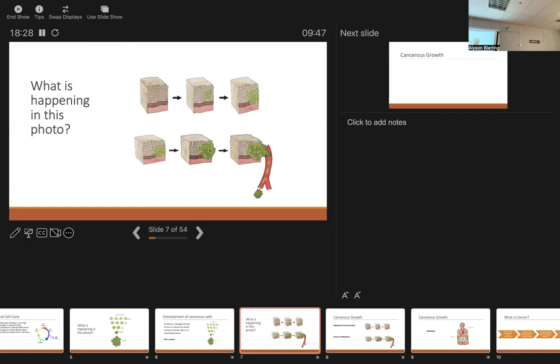What was the word you just said? No, you're right. Metastasize. Yes, metastasize, exactly. You wanted to add something?